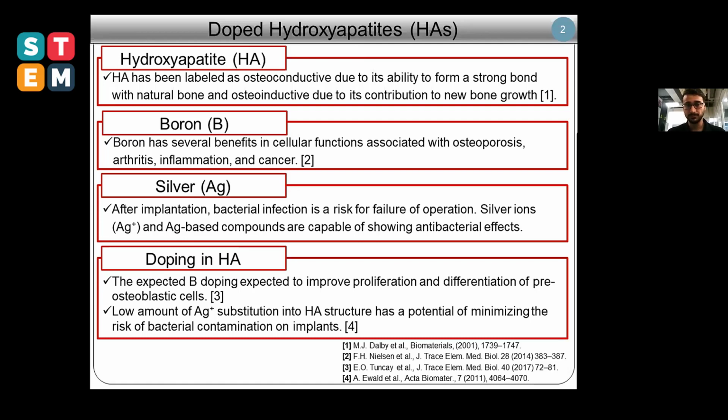In general, we try to dope these two elements into hydroxyapatite separately, because boron doping is expected to improve the proliferation and differentiation of osteoblast cells, and doping of silver into hydroxyapatite is expected to minimize the infection problem.